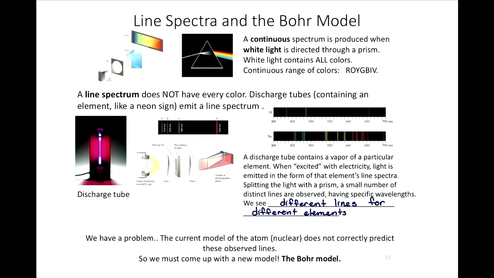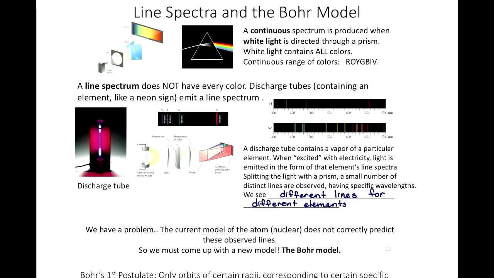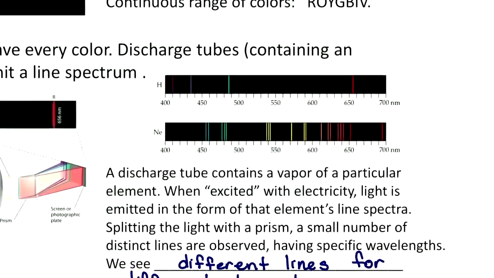Okay, so light, again, is important. Light has energy, and this is what scientists use to deduce the electronic structure or the atomic structure of our atoms. And what they saw is, depending on what kind of sample they were working with, if they would excite a sample, different samples emitted different colors.